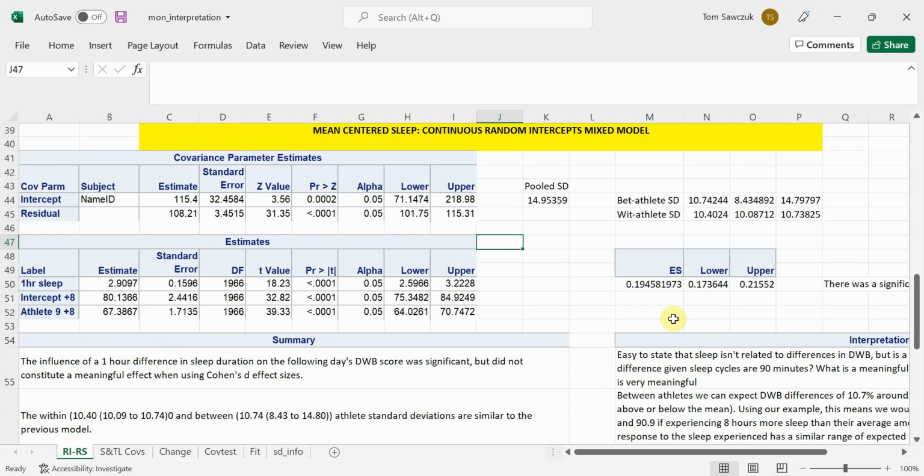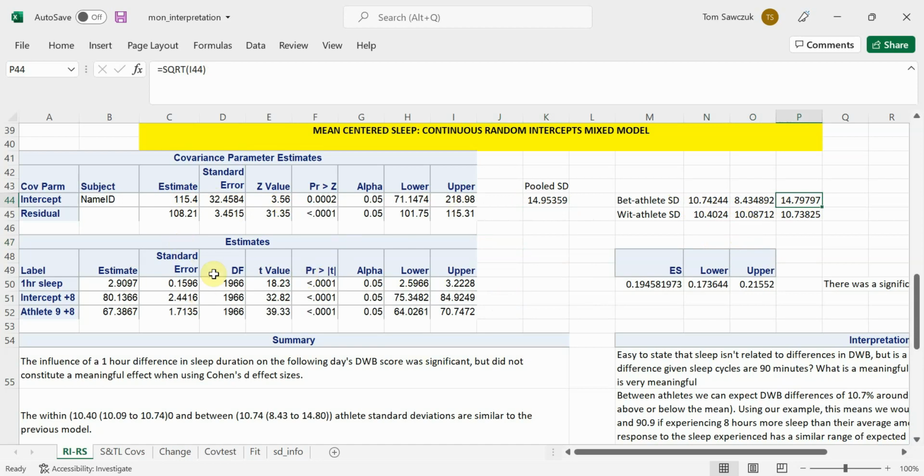And we've done everything exactly the same. As you can see, I've got the pooled standard deviation, which again is the sum of these, and then square root it. You've got your standard deviations here, which are done in the same way as above, so just square root the estimate, lower and upper. And again, you can see the between athlete standard deviation has more uncertainty than the within.